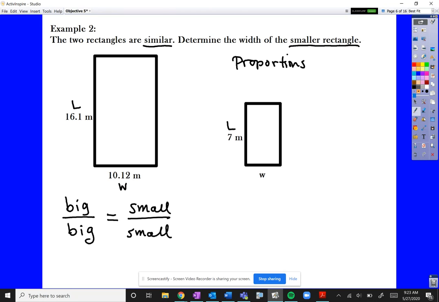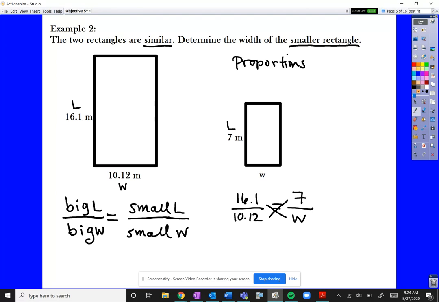So we can compare big to big is the same as small over small. Here we go, big to big: 16.1 over 10.12, and that needs to be proportional to the small length of 7 over the small width. Big over big, same proportion as small over small.